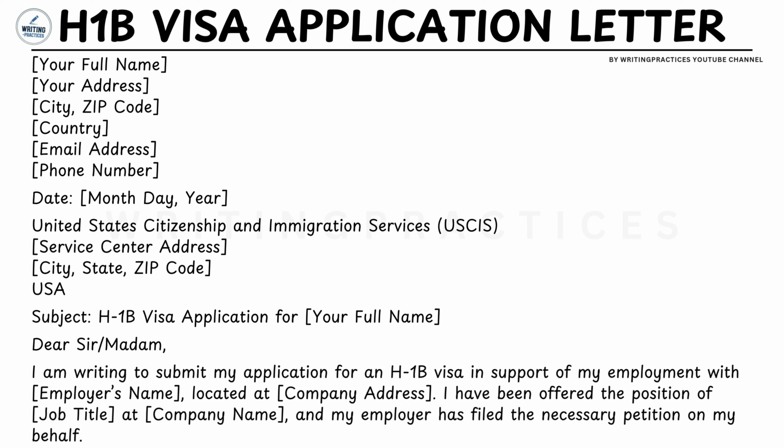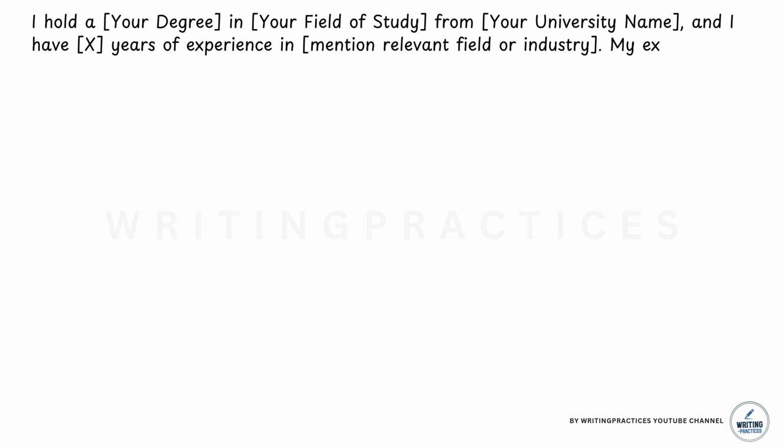Educational and professional background, demonstrating your qualifications. In this paragraph, you should highlight your academic background and work experience to show that you meet the H1B visa requirements. The US government requires that applicants have specialized knowledge, so this section helps justify your eligibility.